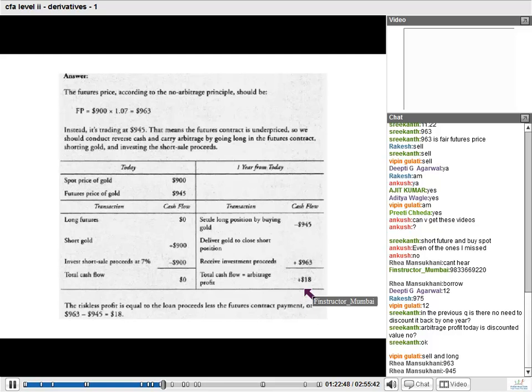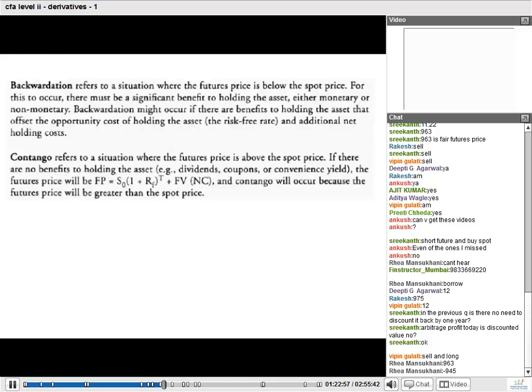This is called the reverse cash and carry arbitrage. The earlier transaction was called cash and carry. This is called the reverse cash and carry transaction, wherein you long the future. So backwardation is a situation where the futures price is below the spot price. Contango is a situation where the futures price is above the spot price.